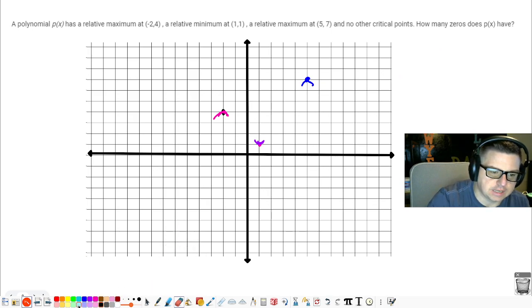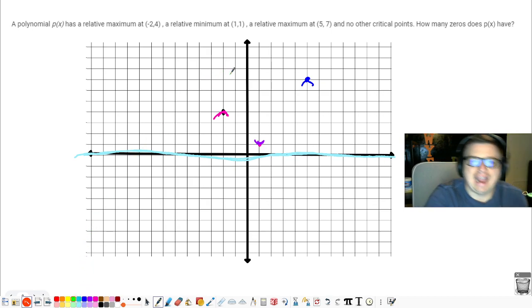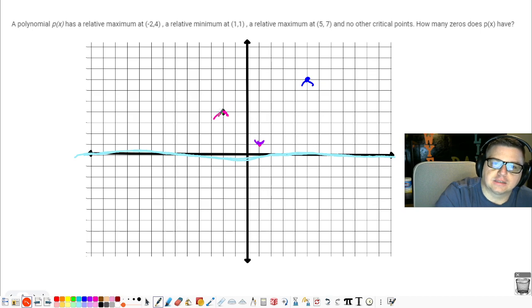So first off, let's ask ourselves the question, what do they mean by a zero? When they talk about zeros, they're talking about this. How many times is it going to cross this? Well, with that being the case, start to think about what's happening. I've got a maximum here, and then it's going to do something, and then it's going to come to a minimum here.